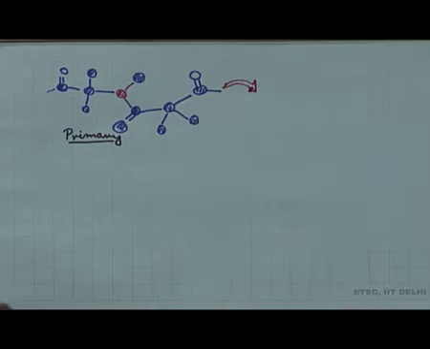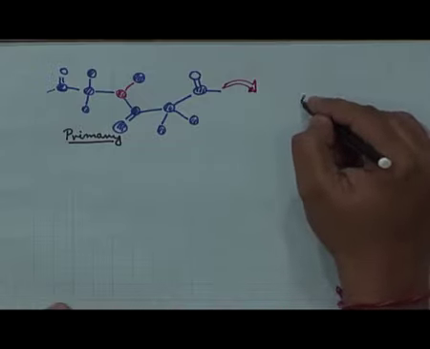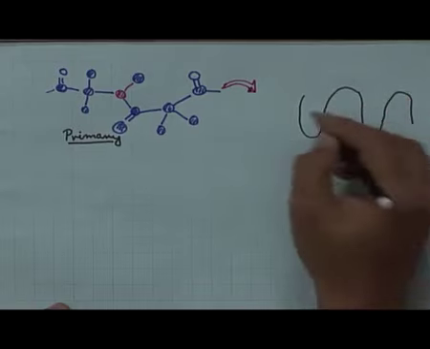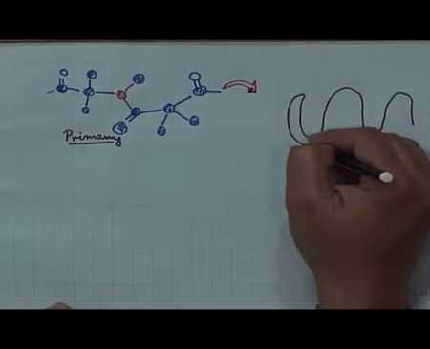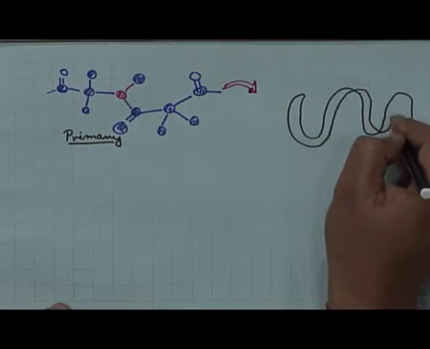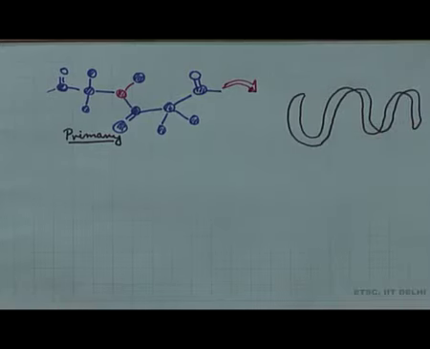Now, this primary structure, the peptide chain, can get folded, and that will make the helices. This forms the secondary structure.